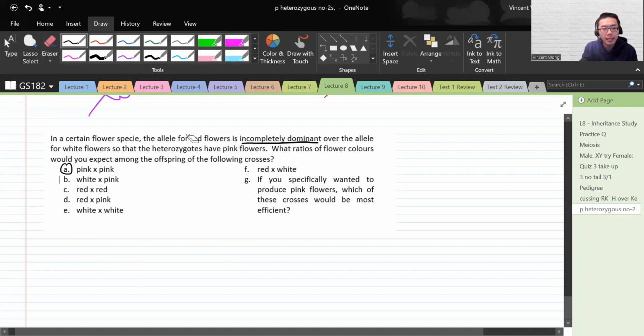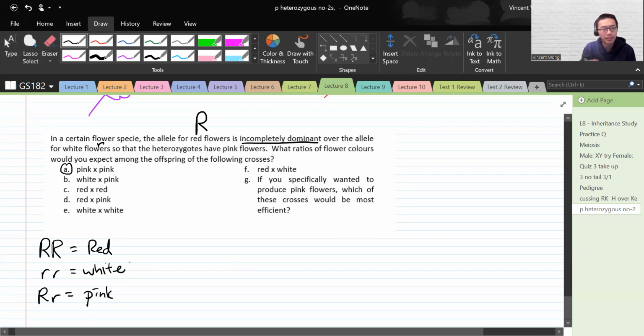So let's write this out. Big R is red, and small r is white. So we have three possibilities. Big R is red. Small r is white. And then big R, small r would be what color, guys? Pink, okay? Somewhere in between, right? The question tells you so.